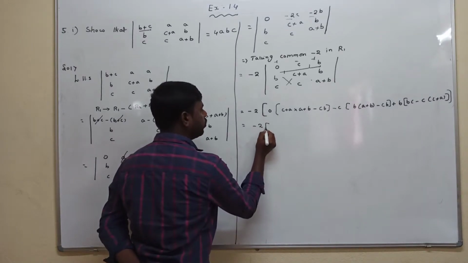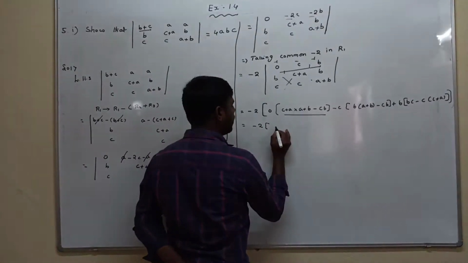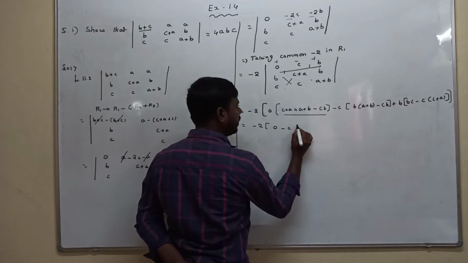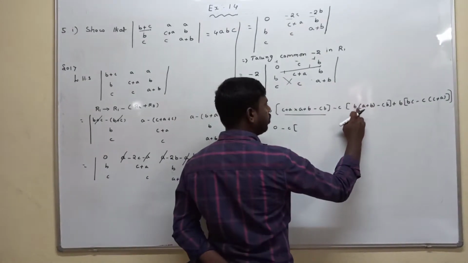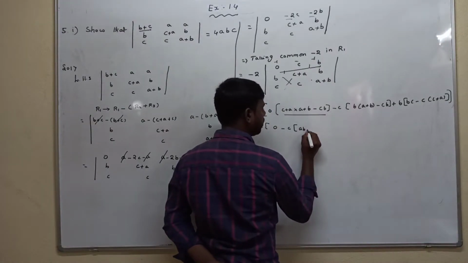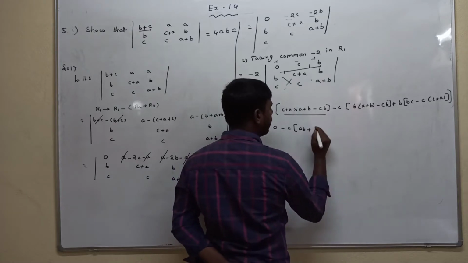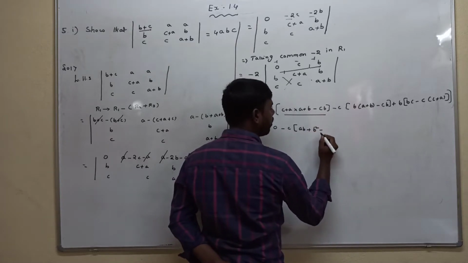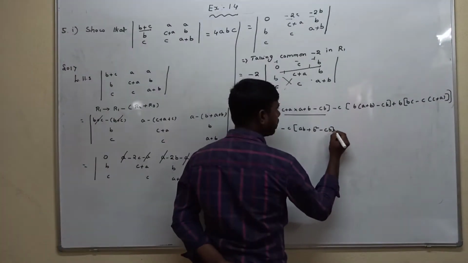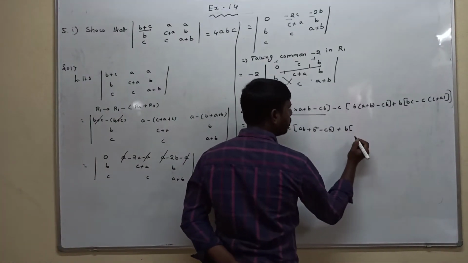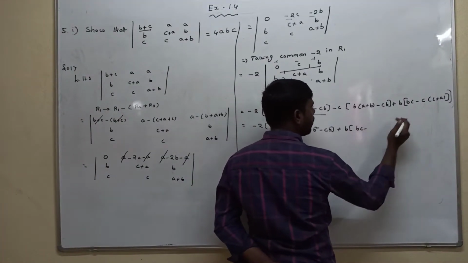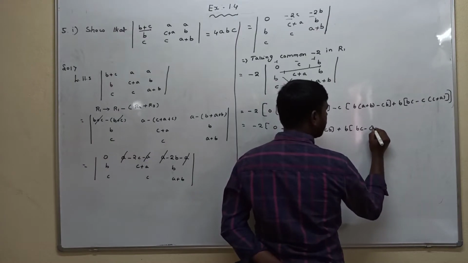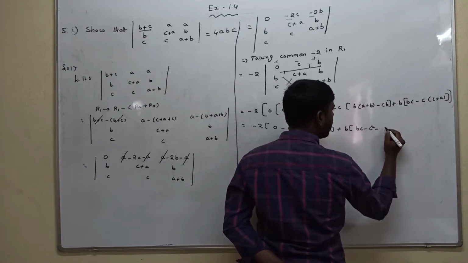Minus 2 into 0 into anything is 0, minus C into AB is AB, plus B into B square minus CB, plus B into BC minus C into C, which is C square, minus C into A, which is minus CA.